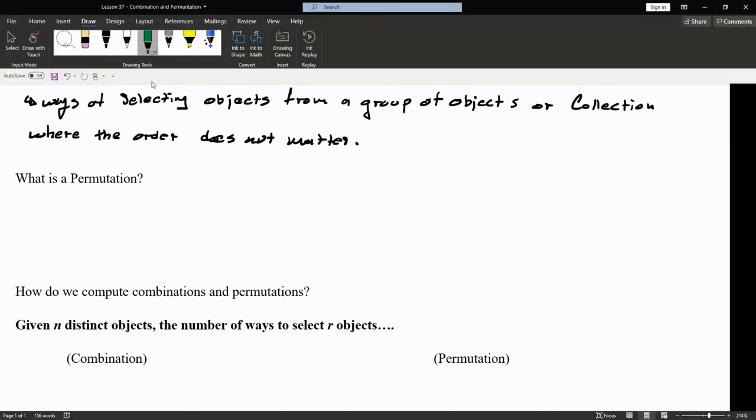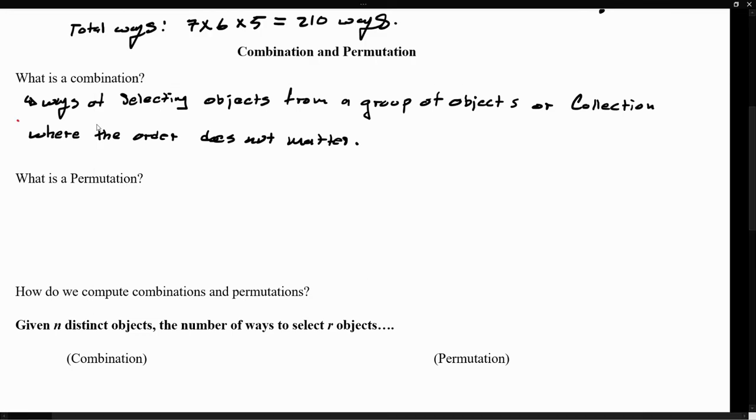This is very important. Under combination, the order does not matter.